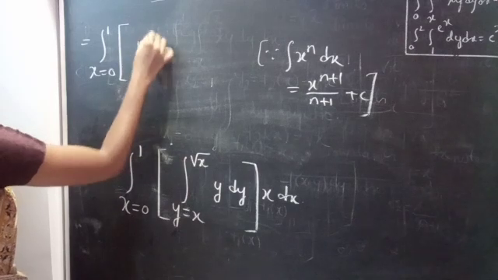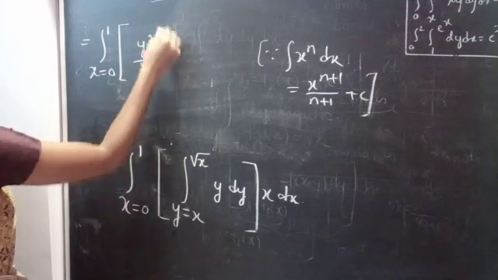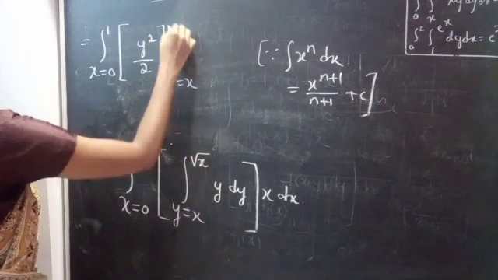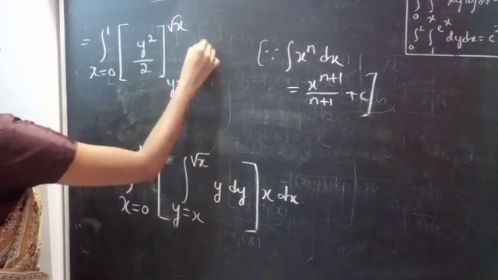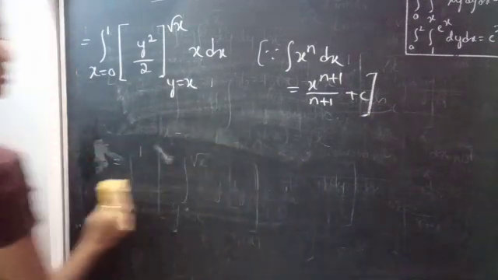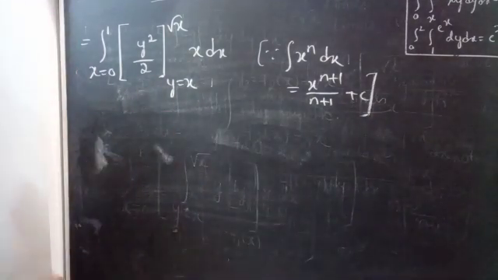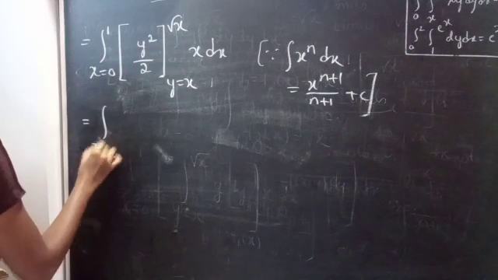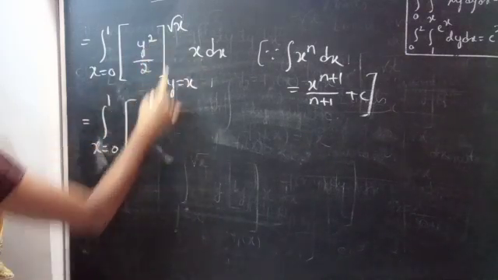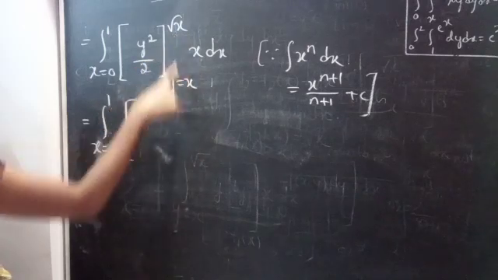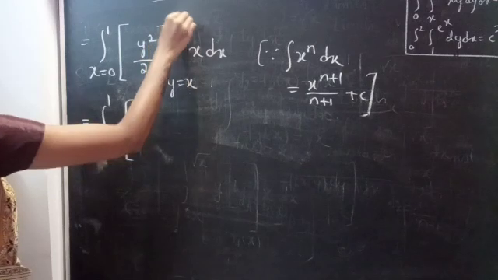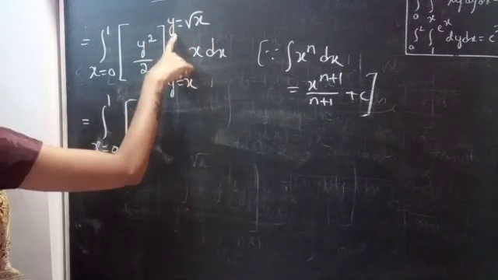So you'll get y square by 2 under limits y equals x to root x, into x dx. Now apply the limits: upper limit y equals root x and lower limit y equals x. You can write like this if you want. Now it will be clear.